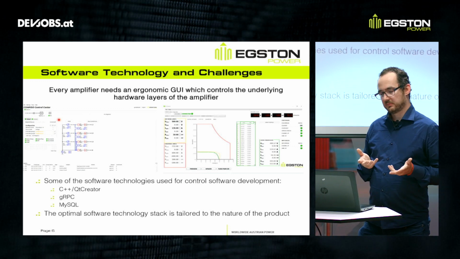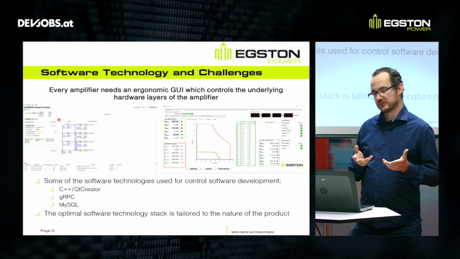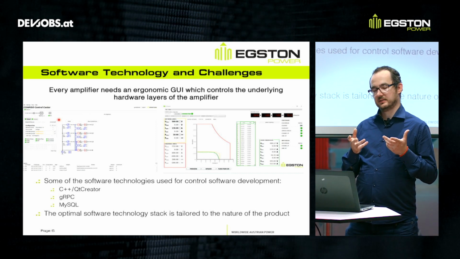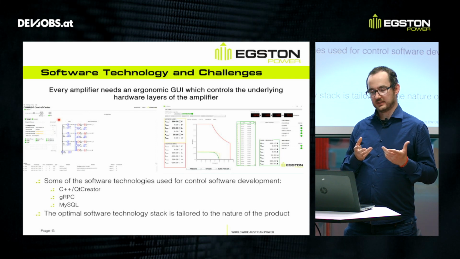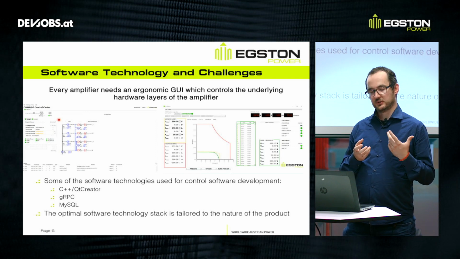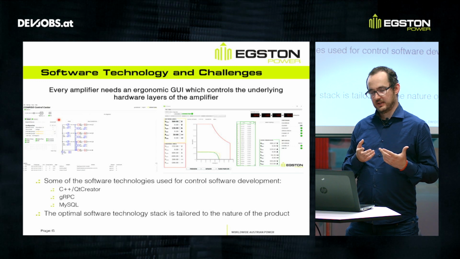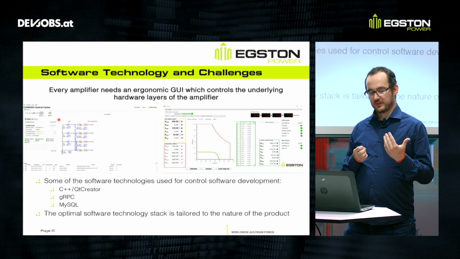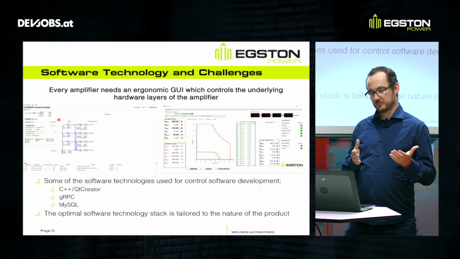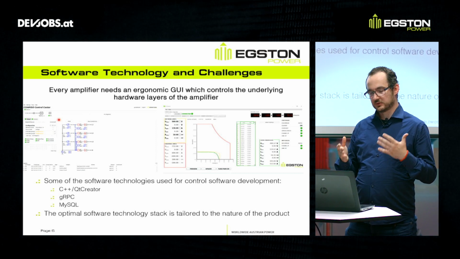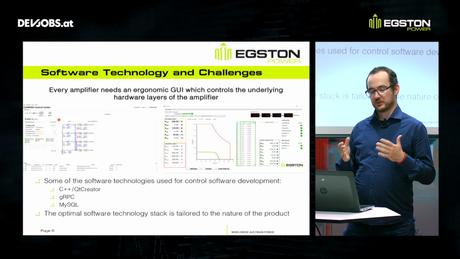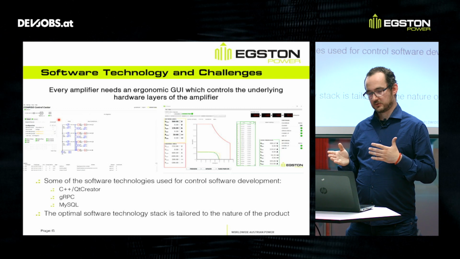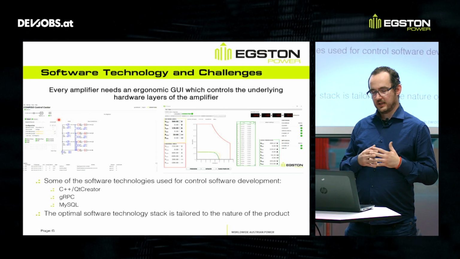For every amplifier that EGSTON produces, there is the need to have a graphical user interface and a reliable way for the user to control the system. There are several approaches to this. One of them is to develop a graphical user interface where the user interacts by simple keyboard and mouse interaction in a graphically oriented way.